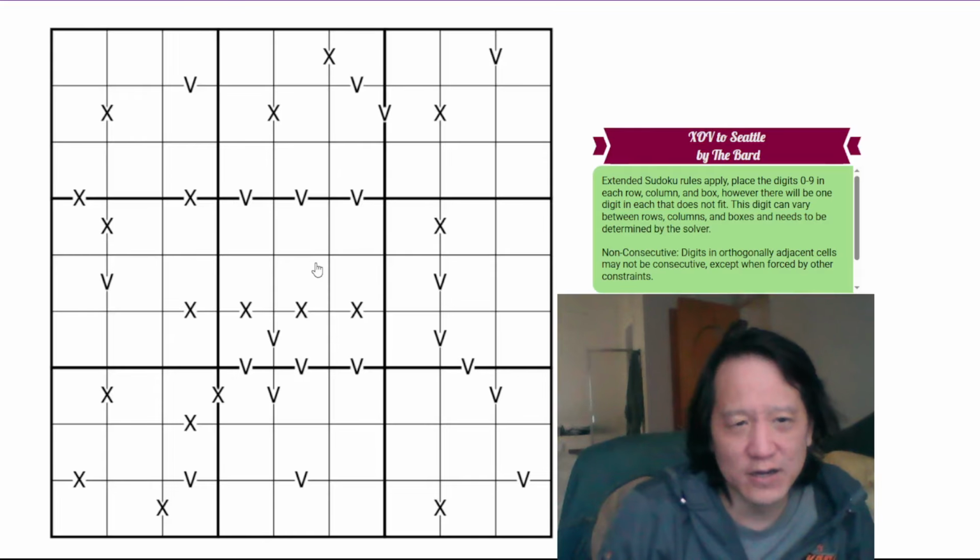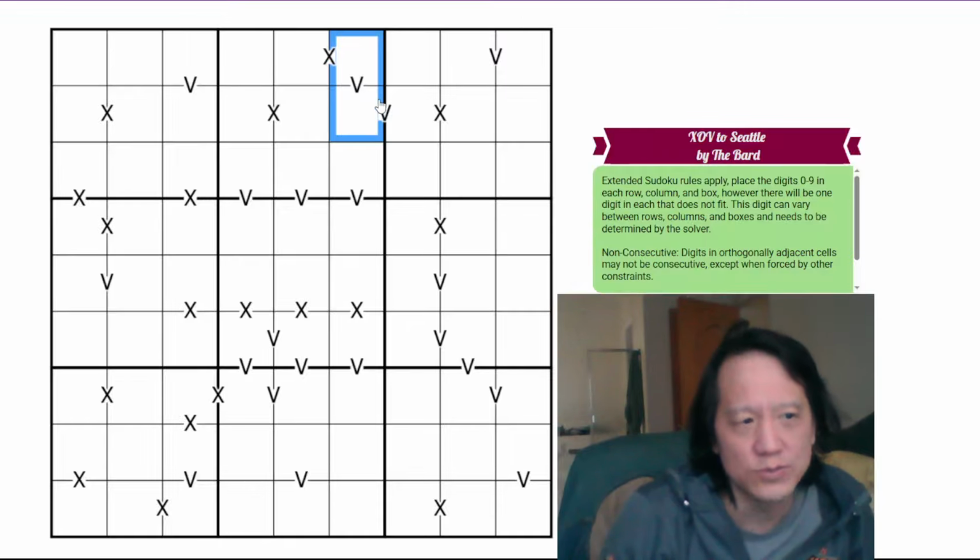Let's go. Okay, like I said, 3 sets of V's adding up to 5 means they must be 0, 5, 1, 4, and 2, 3.